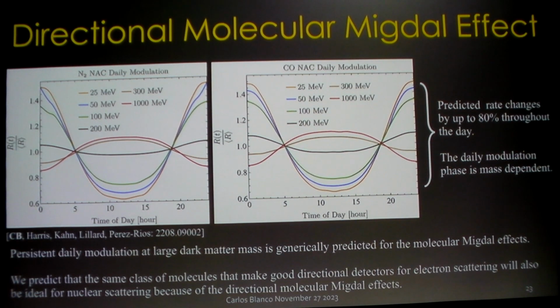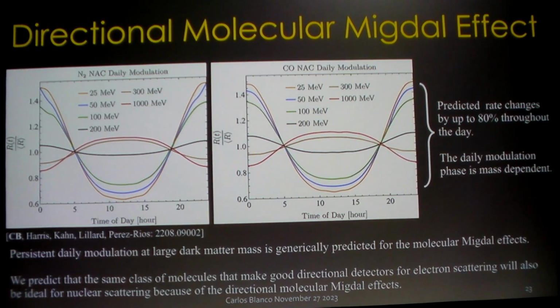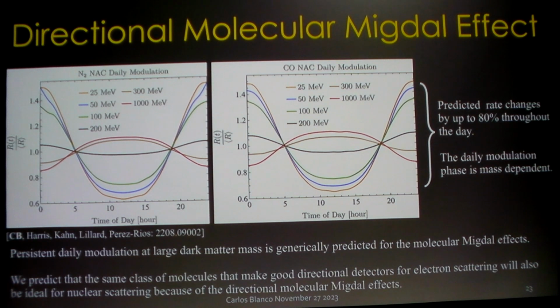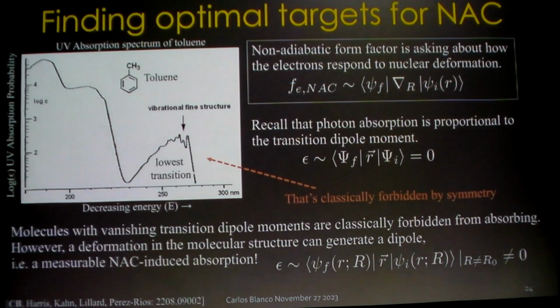And so in these experiments, you can tell the difference, and I believe it's the only kind of experiment that you can really do this, is you can tell the difference between a light dark matter particle that's strongly coupled versus a heavy dark matter particle that's lightly coupled. This was very surprising to us. It's a very subtle effect that comes from the fact that there's two probabilities that factorize from the nuclear matrix element and the electronic matrix element, but we were quite excited about this.